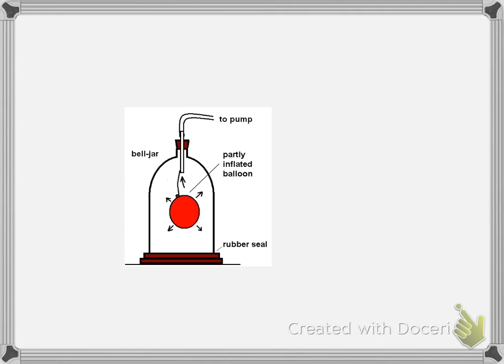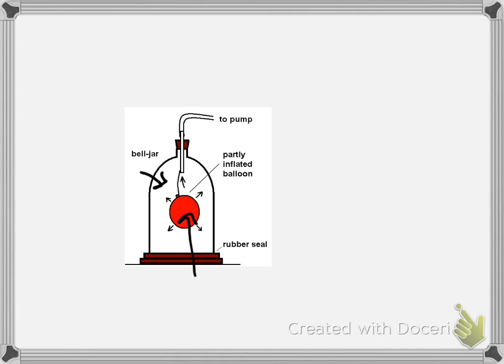So even though the pressure inside the actual balloon itself didn't change, the pressure inside the balloon is greater than the pressure outside of it in the bell jar, because that pressure decreased. Now, since the air pressure inside the bell jar is less, the balloon wants to achieve the same air pressure.